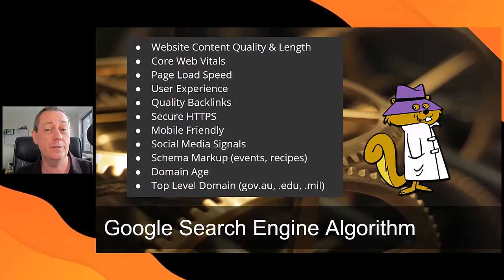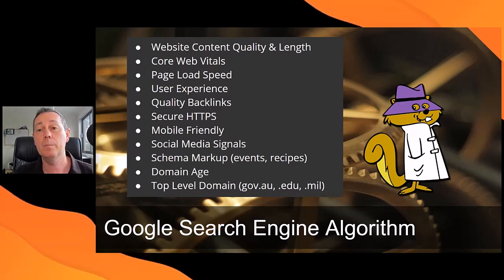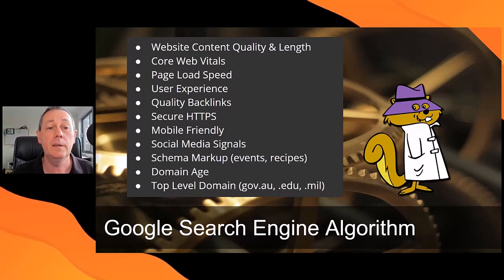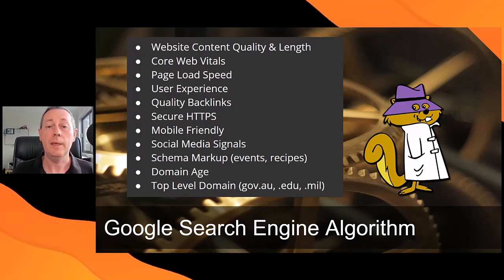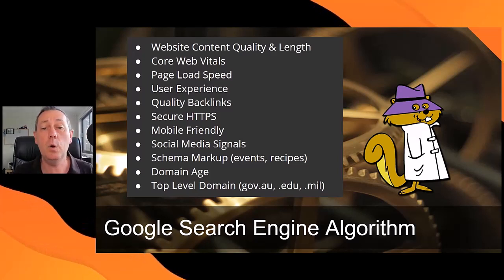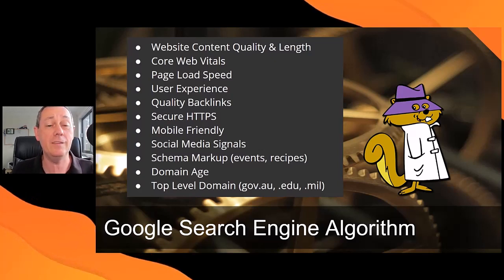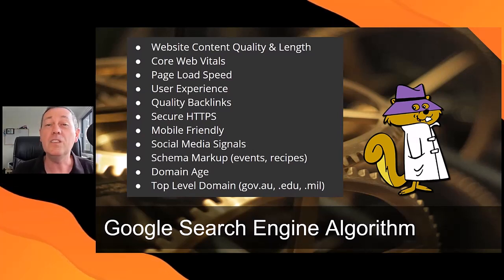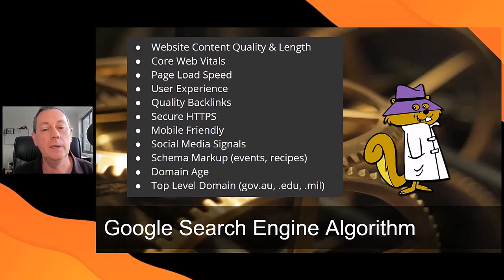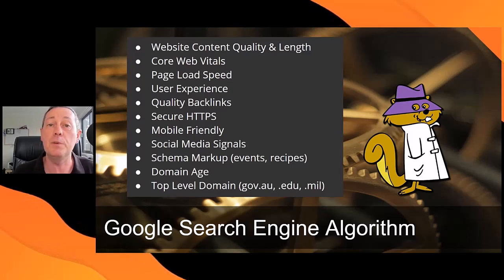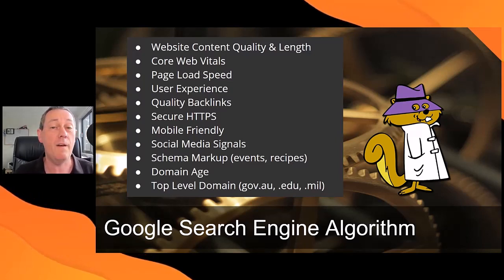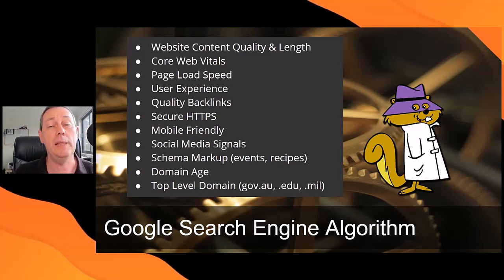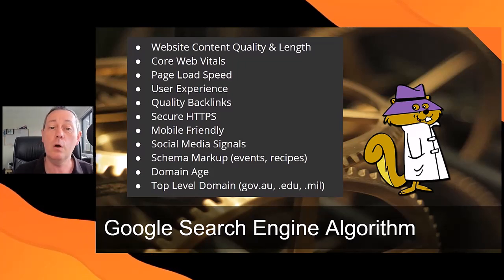They are, in no particular order of importance: website content, quality and length; core web vitals, which include measurements like load speed time and usability, a relatively new metric that's been rolled out over the past few years; page load speed; user experience; quality backlinks; secure HTTP, so that's if you've got an SSL certificate; mobile friendly; social media signals, so that's people coming from social media into your website; schema markup, which is like a special type of language underneath that tells Google what type of information you're presenting, like food recipes, a meeting, a video, author information, book information, that sort of stuff; the age of your domain name; and the top level domains, that's your .gov.au, .edu, .com, .mil, things like that.